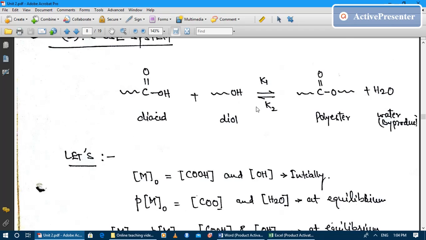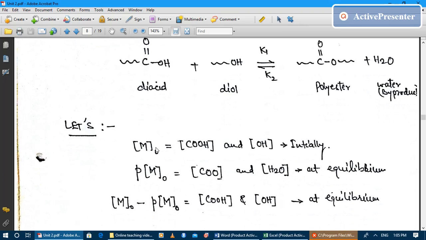We will write only the final step, meaning diacid and diol are reacting to form polyester, and K1 and K2 are the forward and backward rate of the polymerization reaction.